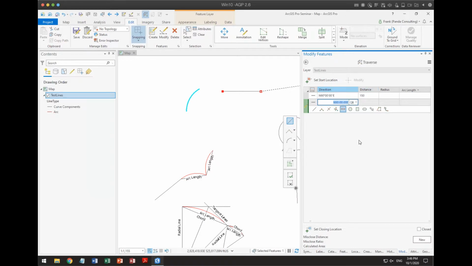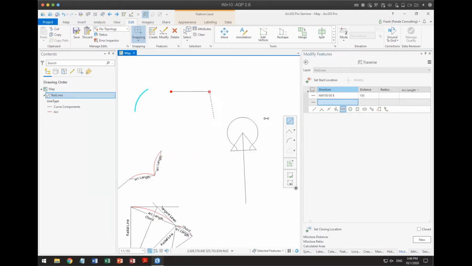If I'm going to put a curve in here, and here's where it is very different than ArcMap. At the moment, there is no default setting for this. It doesn't know what this thing is going to be. So I have to tell it, using one of the shortcuts, what this bearing is going to be for me.